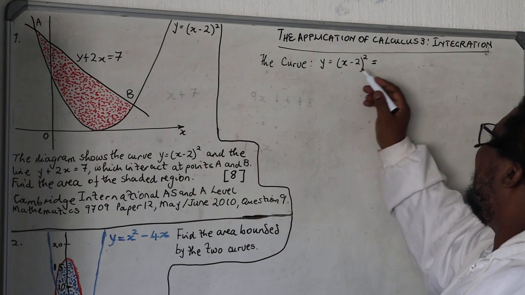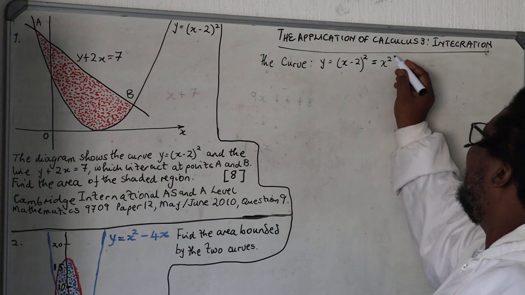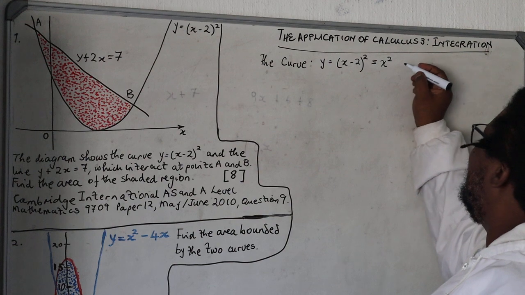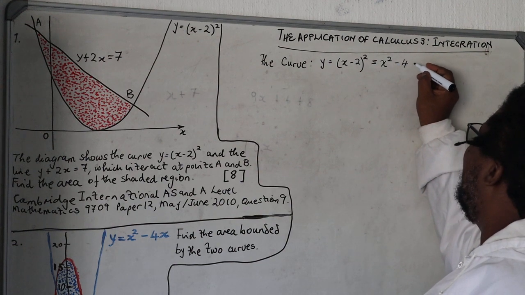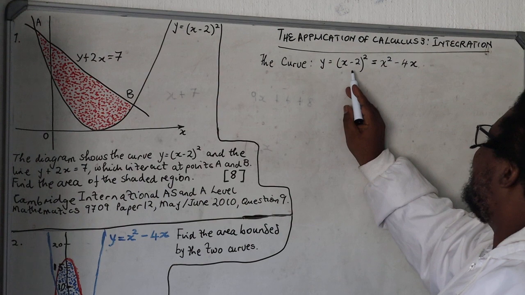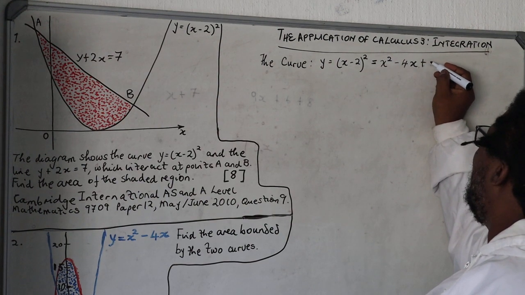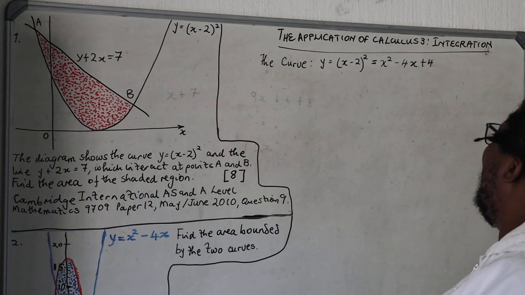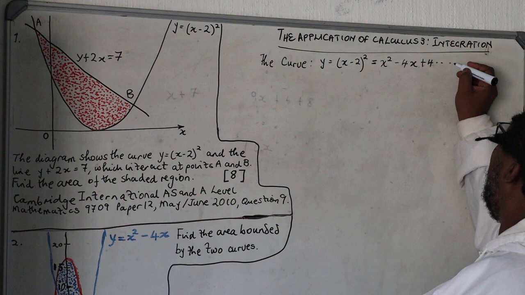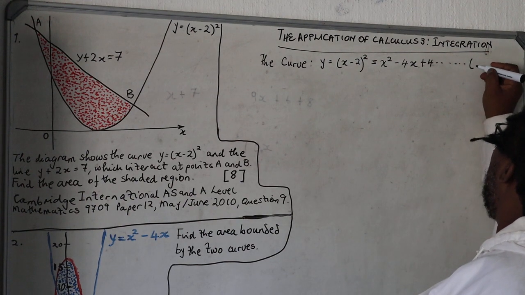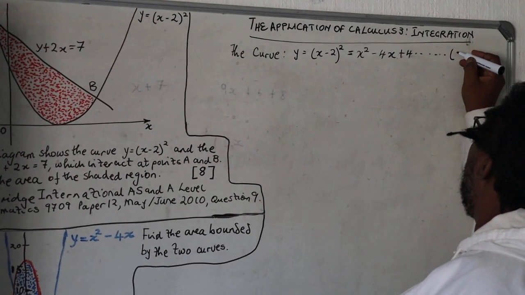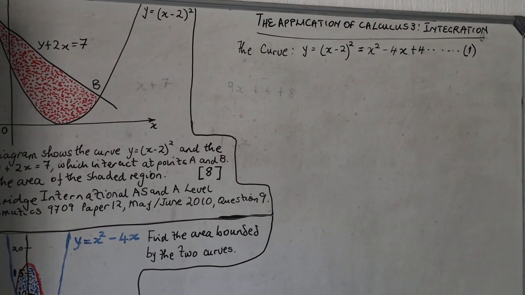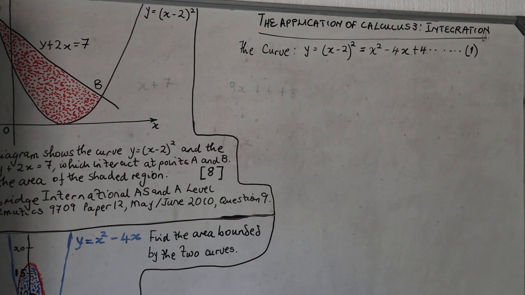You will say x times x is x squared, and then x times minus 2 is minus 2x, times 2 gives you minus 4x, and minus 2 times minus 2 gives you plus 4. So we have expanded that binomial expression to produce the quadratic equation of the curve, and we call that equation 1.